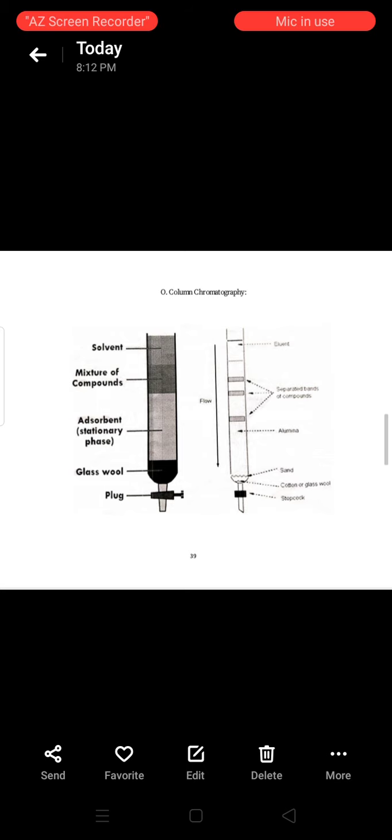That is, the process of dissolving out the components from the adsorbent is called elution and the solvent is called the eluent. The weakly adsorbed component will be eluted more rapidly than the other. The different fractions are collected separately. Distillation or evaporation of the solvent from the different fractions gives the pure component.